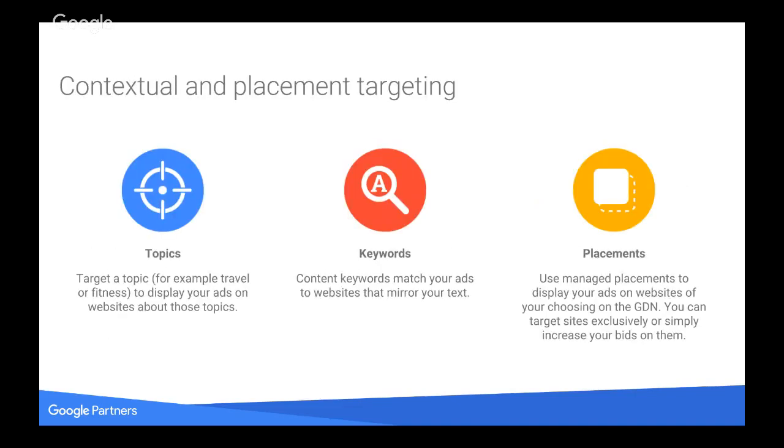And then let's talk about our second bucket, which was contextual targeting, and the third bucket, which is placement targeting. Contextual targeting is useful for determining where your ads show, especially if you have certain topics in mind, right? Say you want to target a topic like travel or fitness.